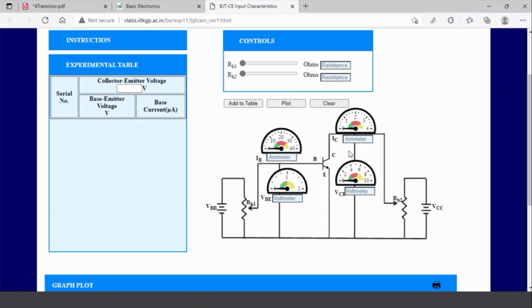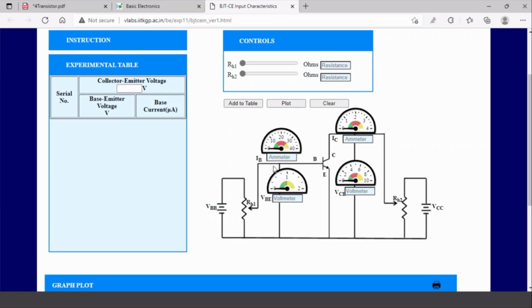Emitter is common, with base and collector. What we are measuring here is the base current, so there is an ammeter shown here. The base emitter voltage is measured using this voltmeter. Similarly, to measure the output current, which is the collector current, there is an ammeter. And to measure the voltage across collector and emitter, we are connecting a voltmeter.